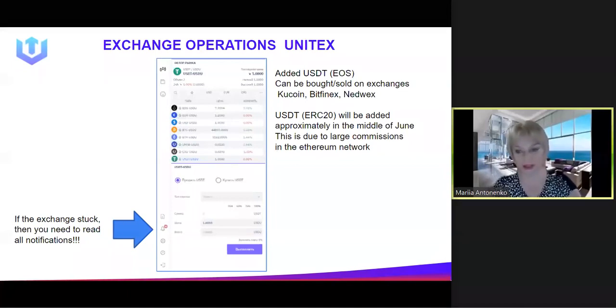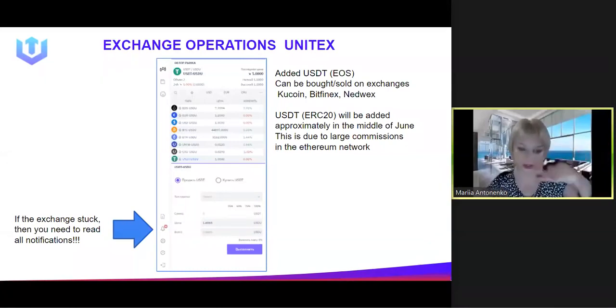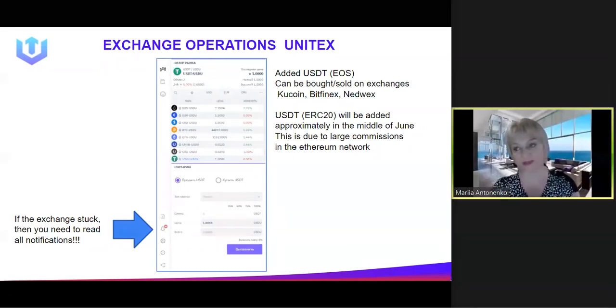For example, I made a screenshot where I had like 30 unread notifications. Of course, that's when the exchange starts freezing, because the exchange tries to put all those unread messages in order. And unless you read all those notifications, the exchange will give priority to them.